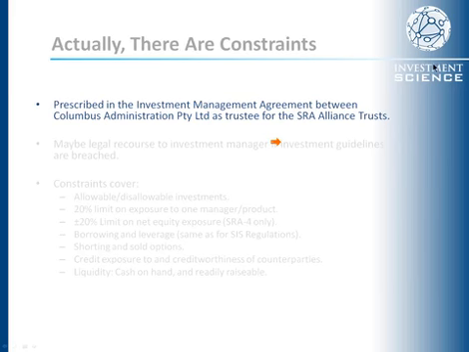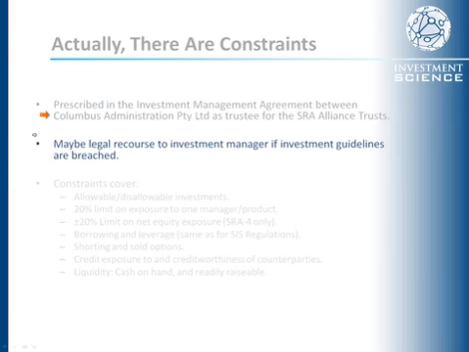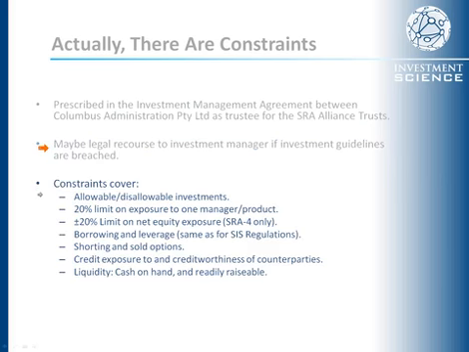The last point I'll talk about on the SRA 4 and 9 products is that there are constraints. This might seem like the Wild West of investment management, that we can invest in whatever we like. That's true enough. The point is we want to keep it flexible, but there are some guidelines which are essential so that we are seen to be keeping within sensible investment parameters. Those are prescribed in the investment management agreement between the responsible entity and the SRA Alliance Trusts.